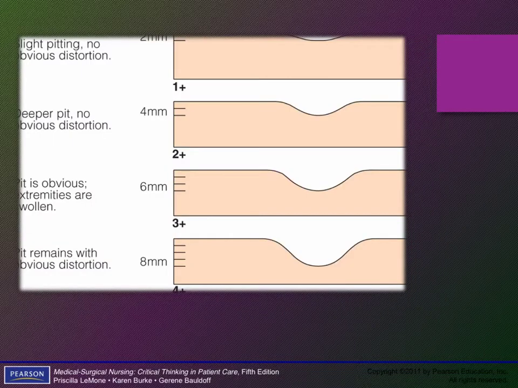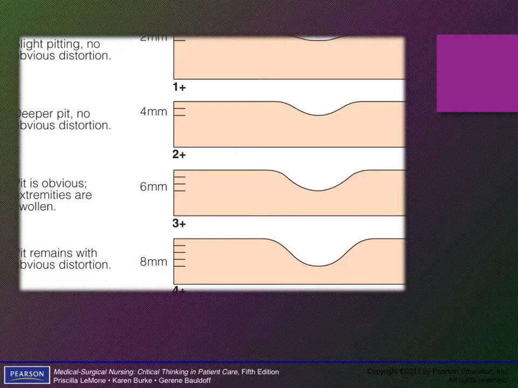The next picture you see, which I can't seem to move over for you all, is a picture of pitting edema. When we talk about edema, edema is recorded as a +1, +2, +3, +4. This slide from your textbook also gives you a measurement.